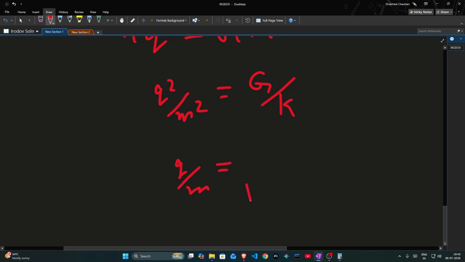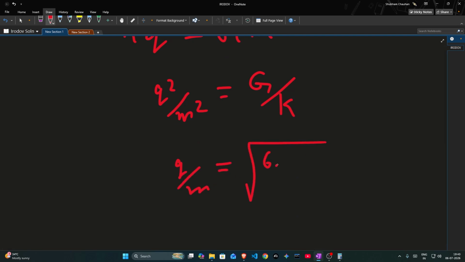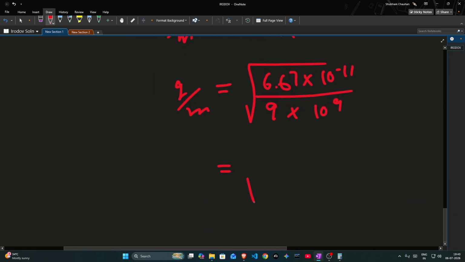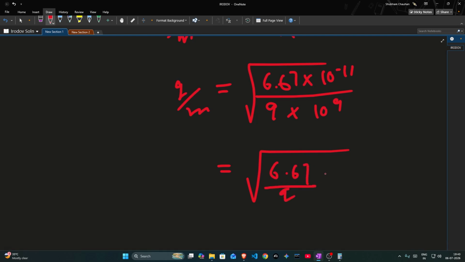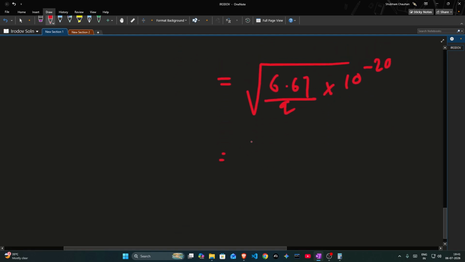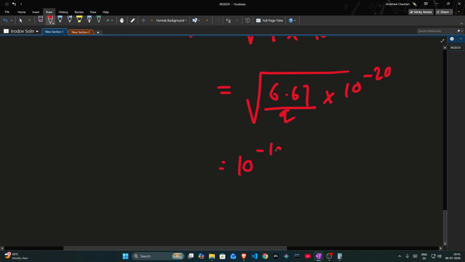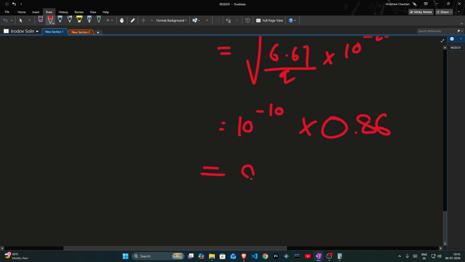So q by m equals under root 6.67 into 10 to the power minus 11 upon 9 into 10 to the power 9. This equals 10 to the power minus 20, so 10 to the power minus 10 comes out, and we get 0.86. This is 8.6 into 10 to the power minus 11.